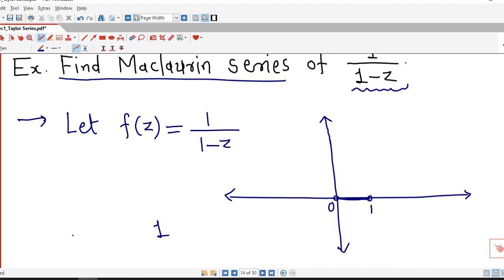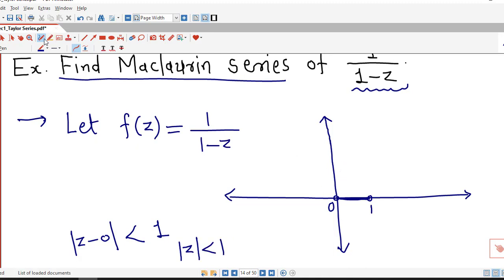So we can say that this function is analytic in the disk represented by absolute value of z minus 0 less than 1, that is, absolute value of z is less than 1.